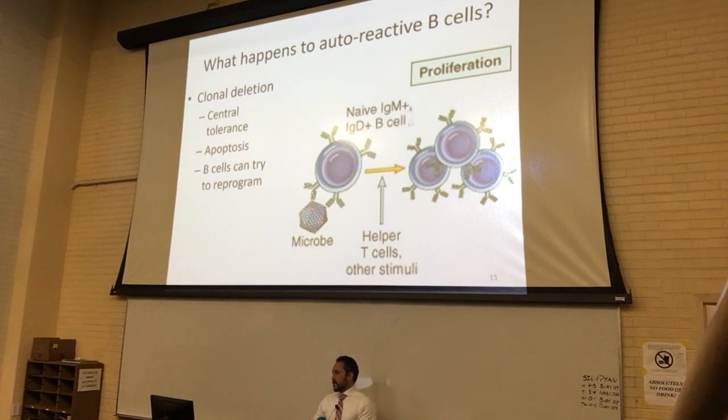If it makes it out of the thymus, it makes it to a lymph node, or it makes it somewhere else in the body, then you have three pathways, which is not called central tolerance if it's outside of the thymus. It's called what? Peripheral tolerance. Who can take a stab at the three different ways to battle an autoreactive T cell that's made it out of the thymus? One had a really cool name, anergy.